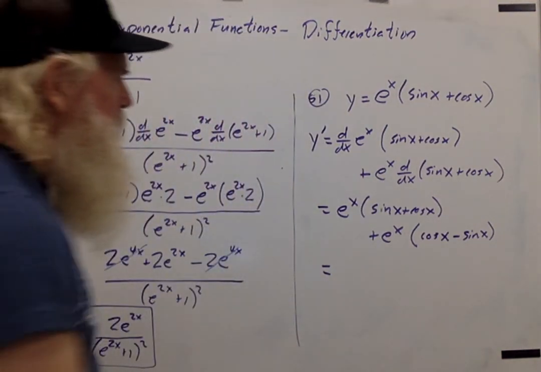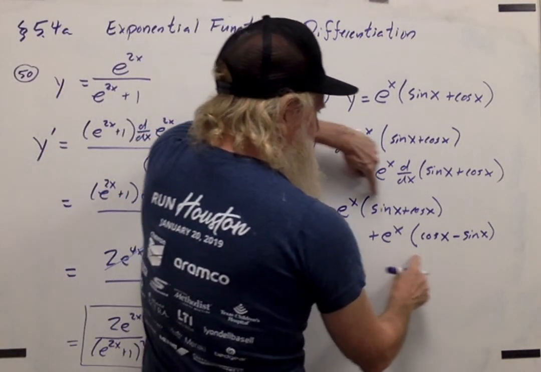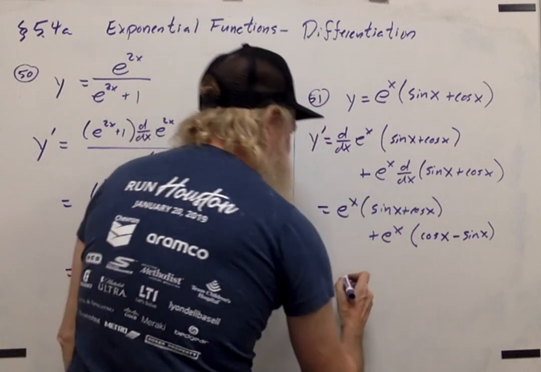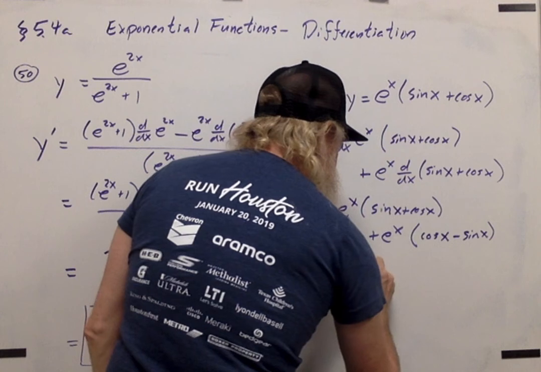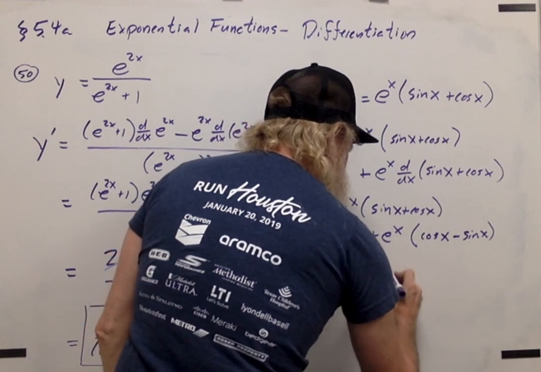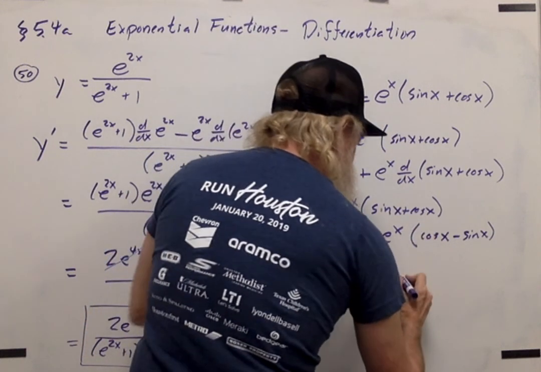Now let's distribute these e to the x's and combine like terms. Up here I have e to the x sine x plus e to the x cosine x.